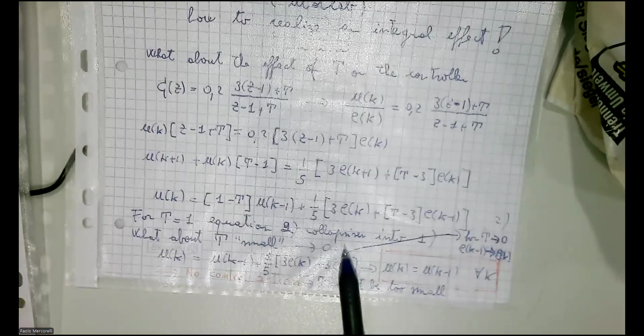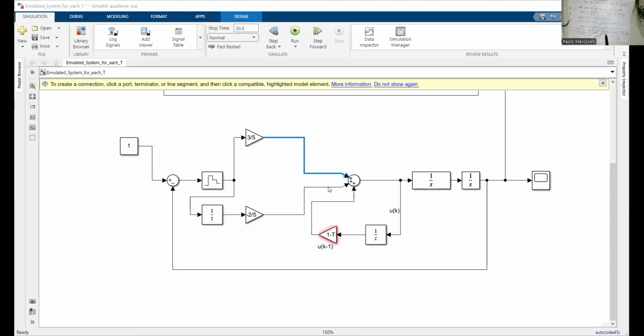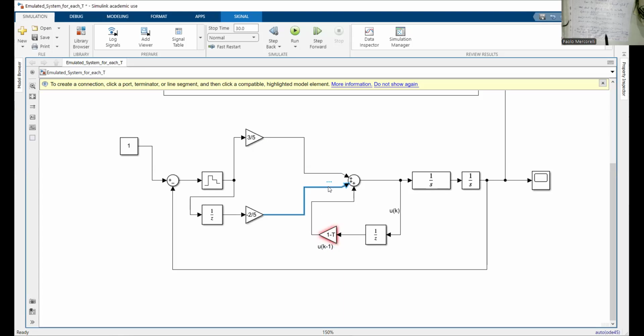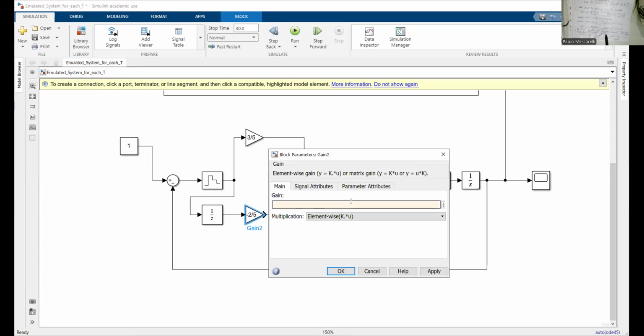It is a little bit difficult, but this means I have to multiply by t minus 3. If you want, I can include it also here. By t minus 3. I think it should be enough.